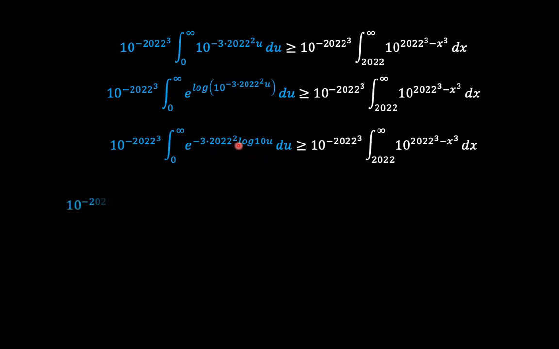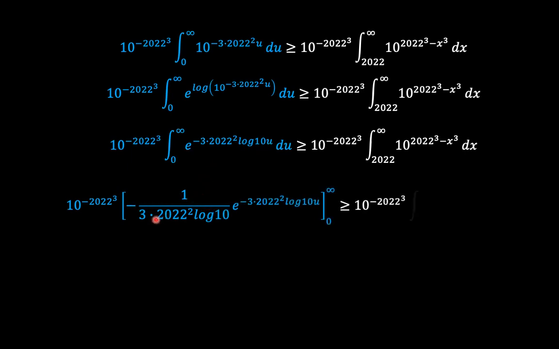And so now what happens is we have 10 to the power negative 2022 cubed, and this constant, negative 1 over 3 times 2022 squared log 10, and then we have the same e to the power negative 3 times 2022 squared log 10 u.